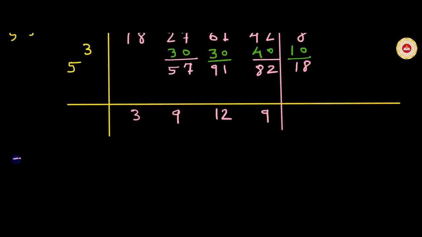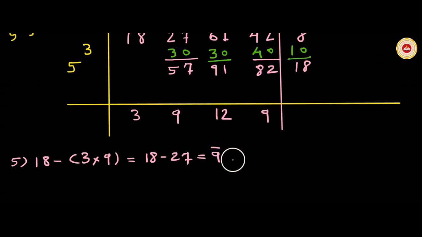Yes, step number 5: gross dividend 18 minus the multiplication of flag digit and last recent quotient digit. Flag digit is 3 and last quotient digit is 9. 18 minus 27 is negative 9.